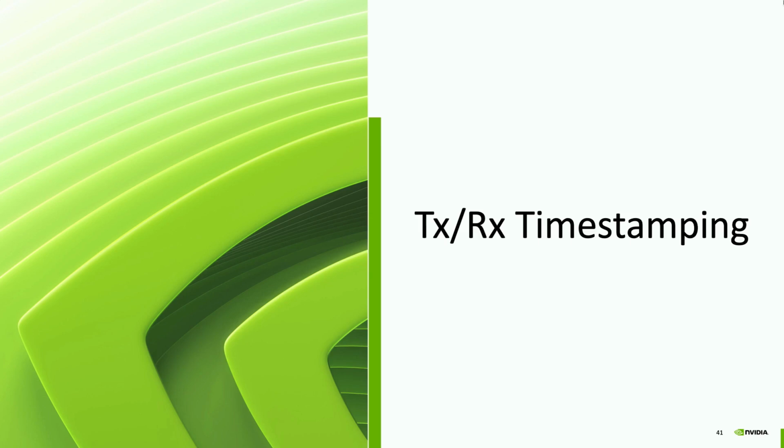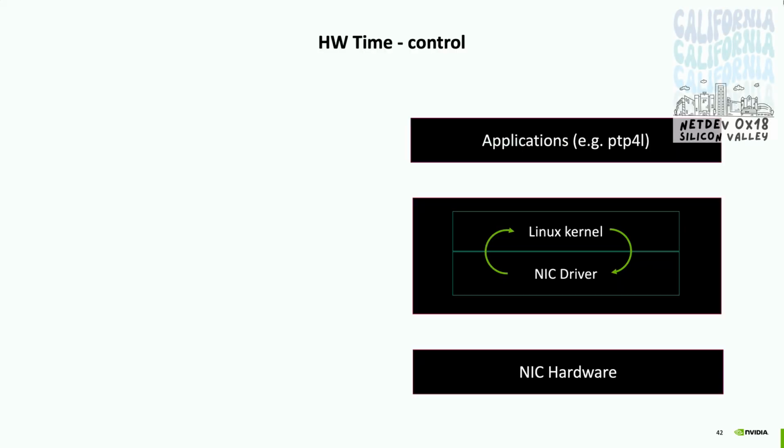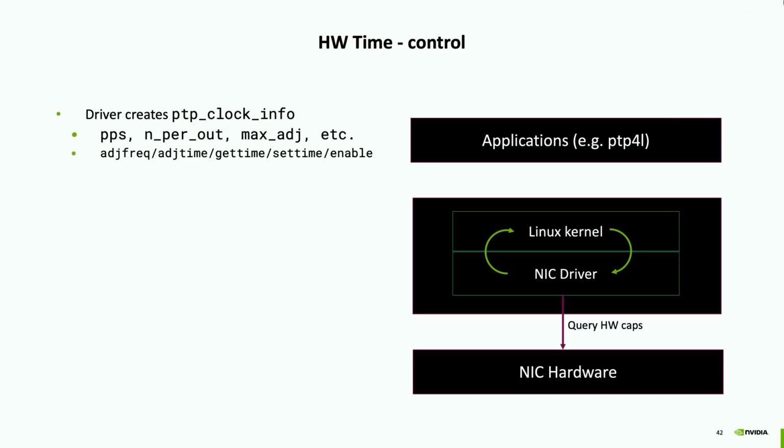So now, how the timestamps are really made and handled inside the kernel. Let's quickly recap how the software can control the hardware time in your device. The driver will first create the PTP clock info.